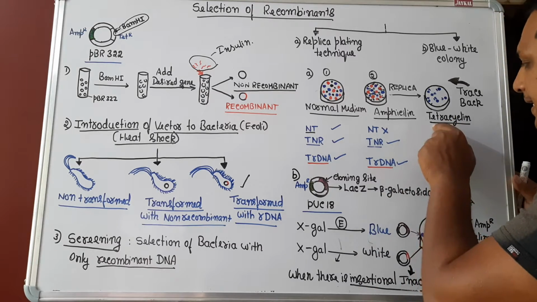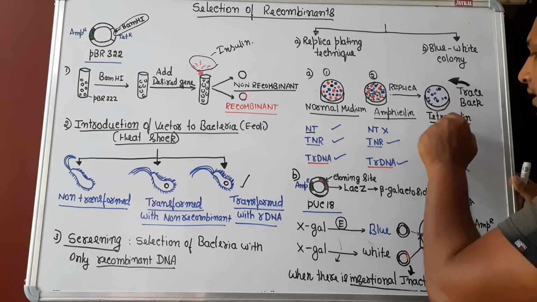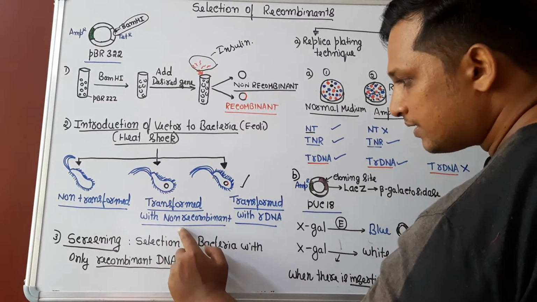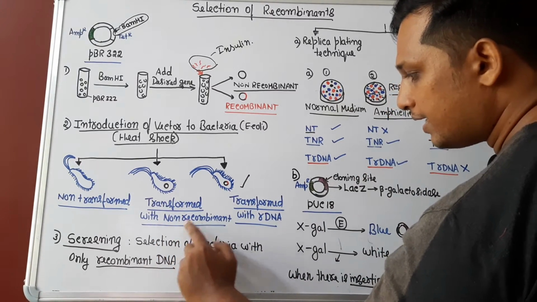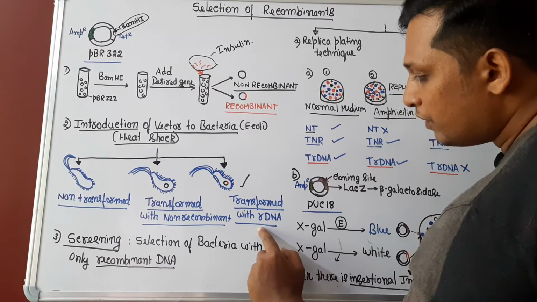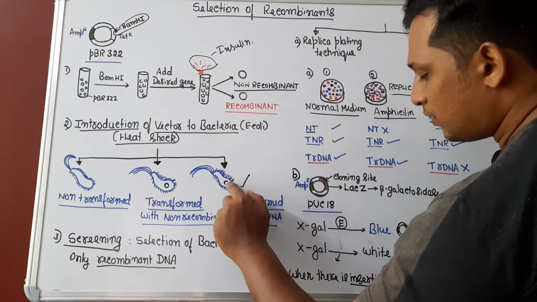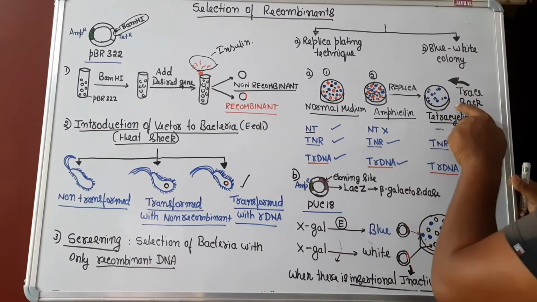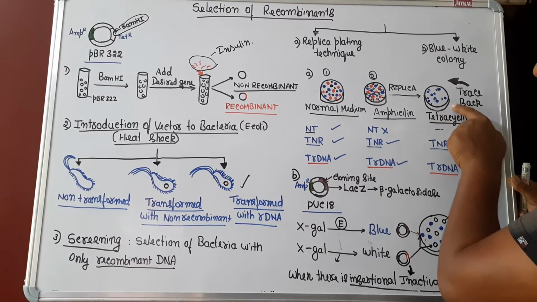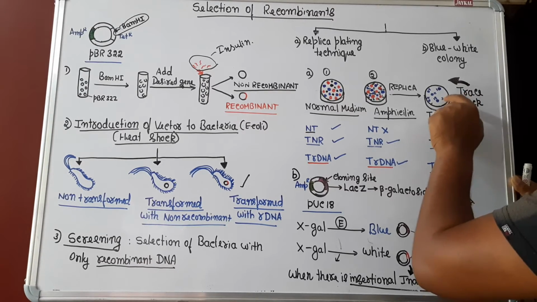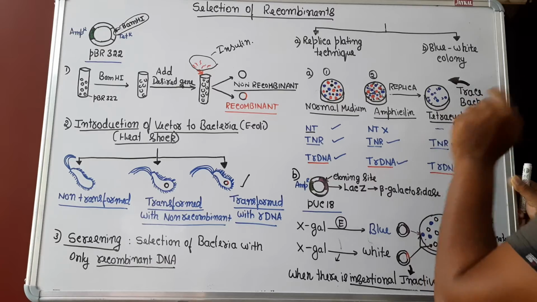Because you have added tetracycline to the Petri plate. Tetracycline resistance is seen in the transformed cell with non-recombinant DNA, whereas in the transformed cell with recombinant DNA, we have made a cut in the BamHI site of tetracycline. As a result, resistance is lost. Since resistance is not there in the presence of tetracycline, they will not survive, they will die.